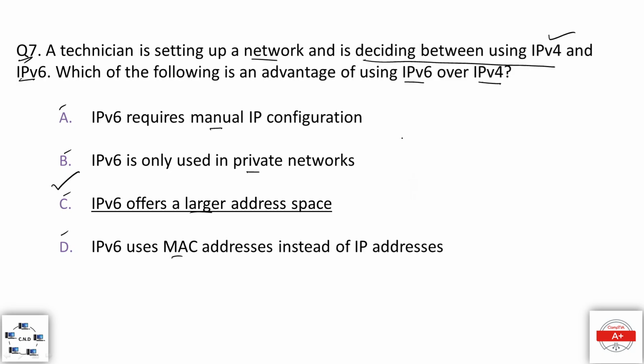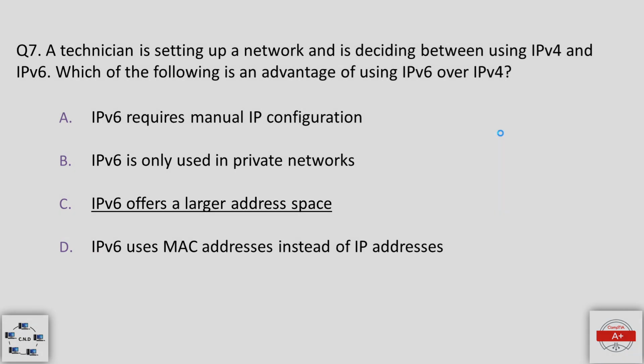So remember, IPv4 is 32-bit, while IPv6 is 128-bit. This means that IPv4 has 2 to the power 32 addresses, while IPv6 has 2 to the power 128, which is way larger than IPv4.